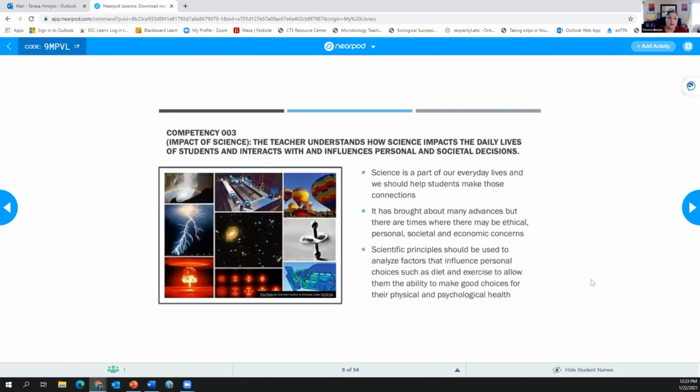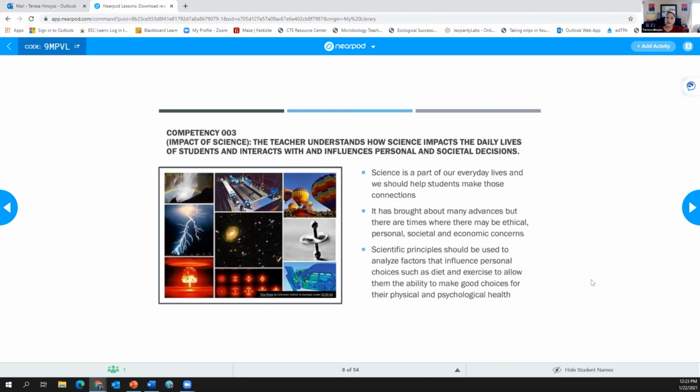Okay, so competency 3 has to do with how science impacts our daily lives, as well as influences personal and societal decisions. So science isn't just something that's in the textbooks, and a lot of times that's what students think, right? Oh, I'm gonna go do science, but they don't understand that there's science all around them all the time.